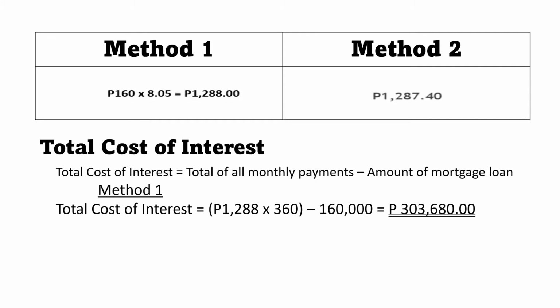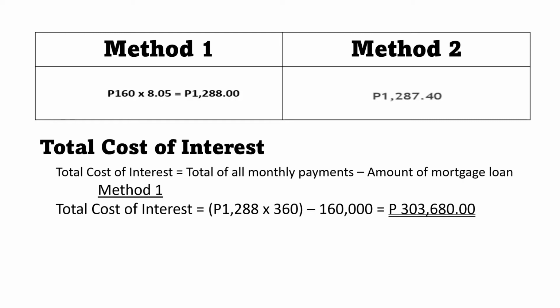Let us look at method 1. The total cost of interest for method 1 is equal to 1,288 times 360, and that is 463,680, less 160,000, which is equal to 303,680 pesos.